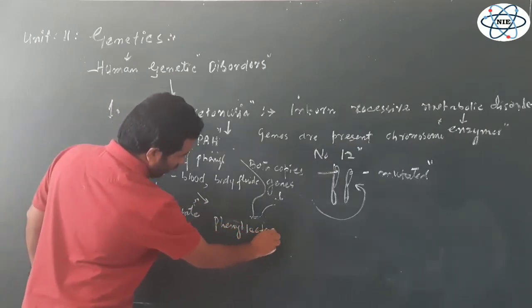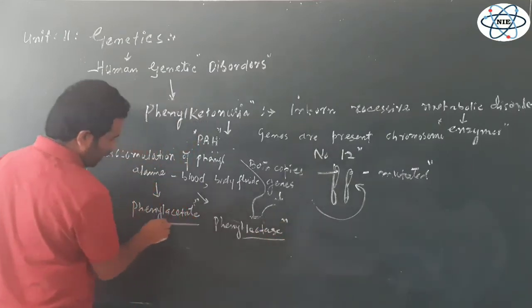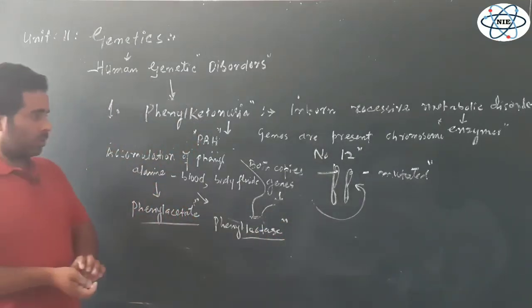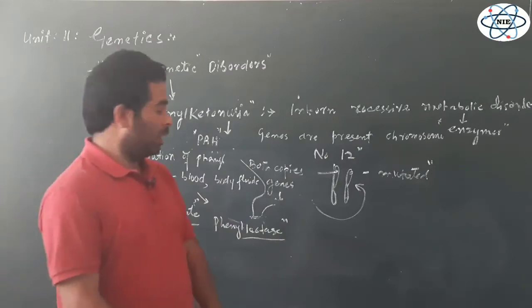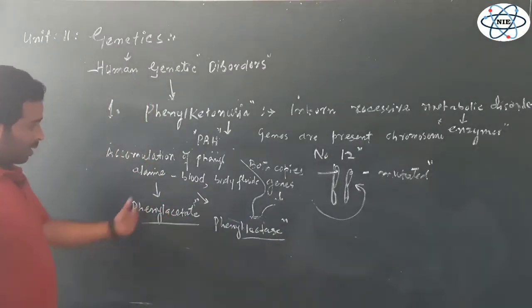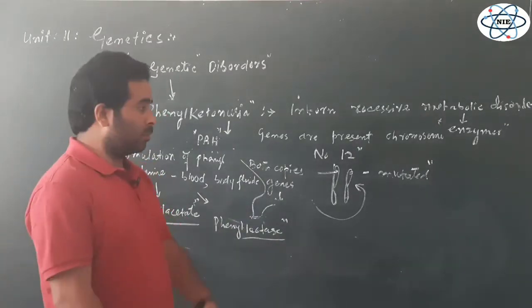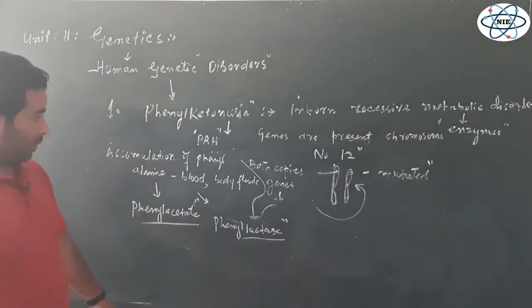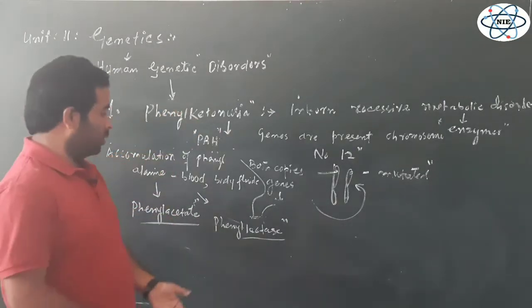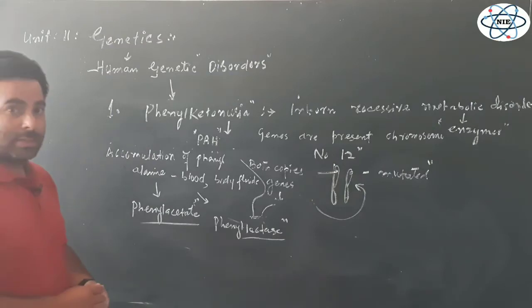These are very toxic compounds. These are both ketone bodies and they are very toxic to the various organs of the body, right? They result in many kinds of signs and symptoms in the patient with phenylketonuria, that we have to understand in signs and symptoms.